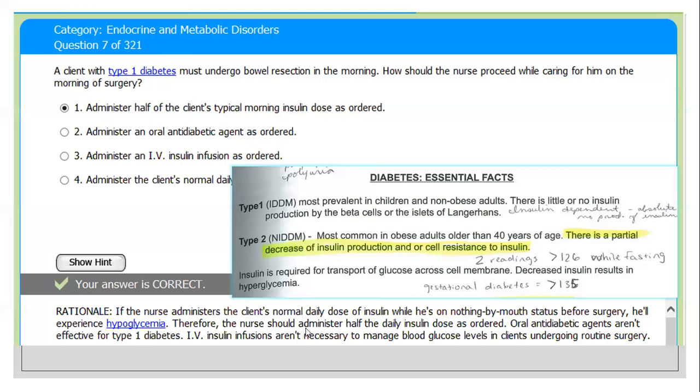Therefore, the nurse should administer half of the daily insulin dose as ordered. Oral anti-diabetic agents are not effective for type 1 diabetes. An IV insulin infusion is not necessary to manage blood glucose levels in a client undergoing routine surgery.